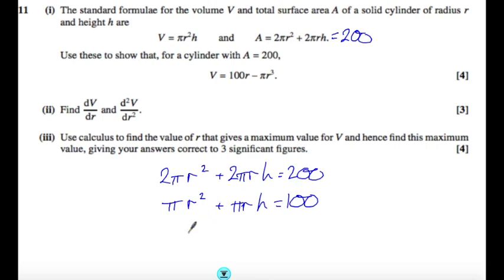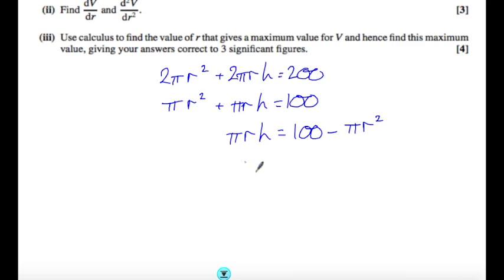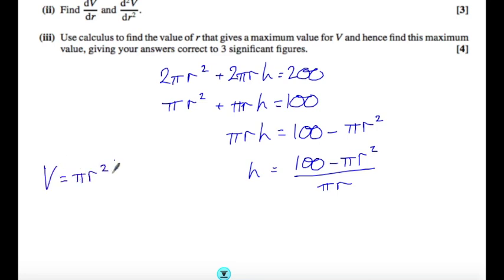So if we want to make h the subject, by the way, there's loads of ways of doing this. This might not be the most efficient. We'll have pi r h equals 100 minus pi r squared, and then I'm going to divide by pi r. So I'd have h equals 100 minus pi r squared over pi r. And now I've got h as the subject, I can sub it into V equals pi r squared h.